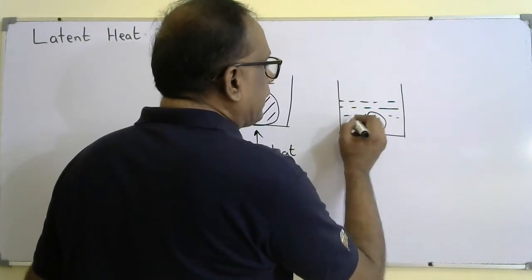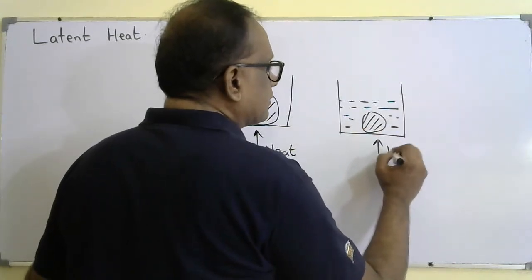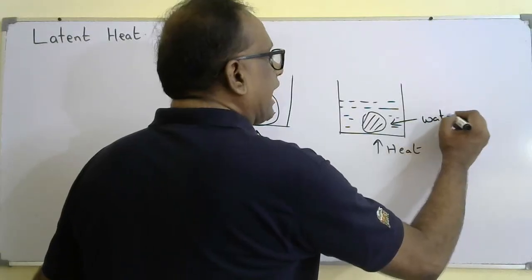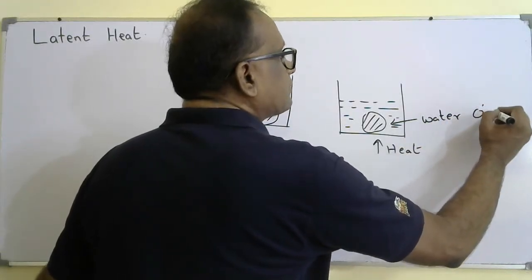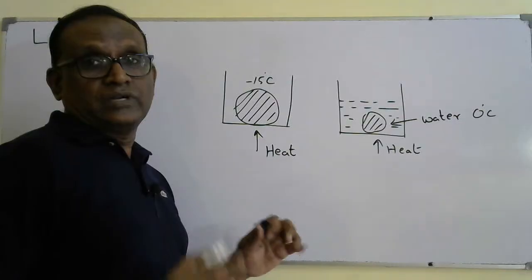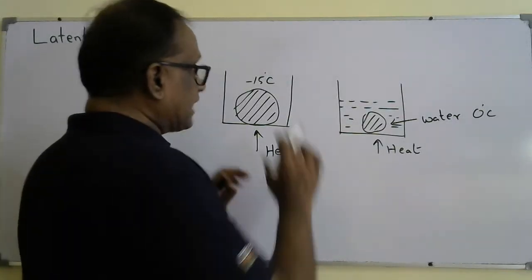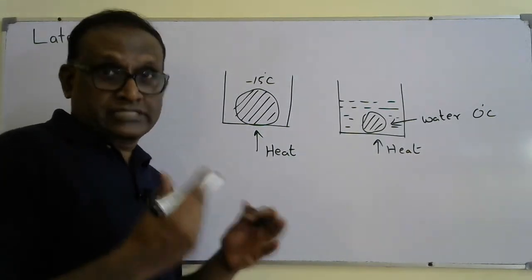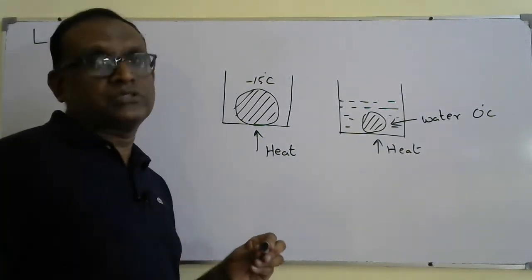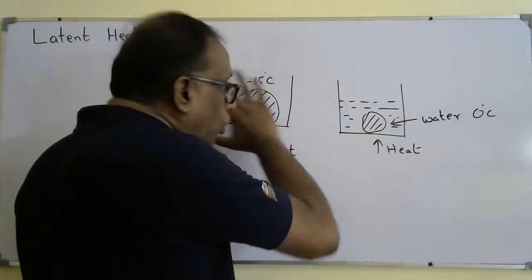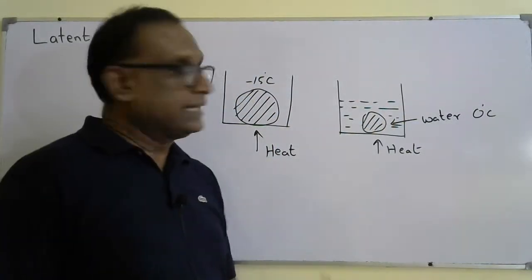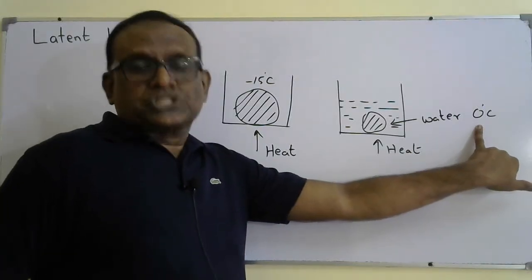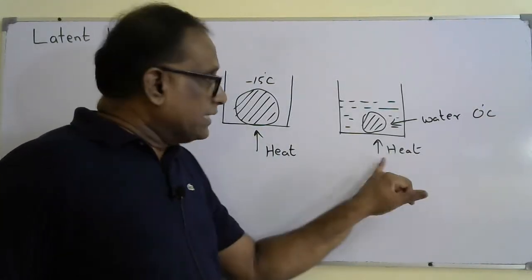If the heat is supplied evenly, the water will remain at 0 degrees Celsius. Very important. The ice-water mixture will remain at 0 degrees Celsius until the whole ice melts completely. If you supply the heat evenly, uniformly, until the whole ice completely melts, the ice-water mixture will remain at 0 degrees Celsius. So what happens to the heat we supply?